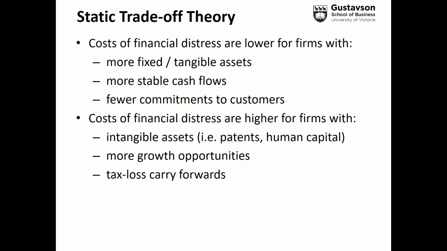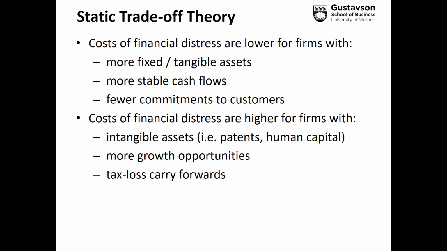Studies do find that the costs of financial distress vary across firms. They tend to be lower for firms with more fixed assets because these can be claimed by creditors in the event of default. Firms with stable cash flows and fewer long-term commitments to customers have lower costs of financial distress.